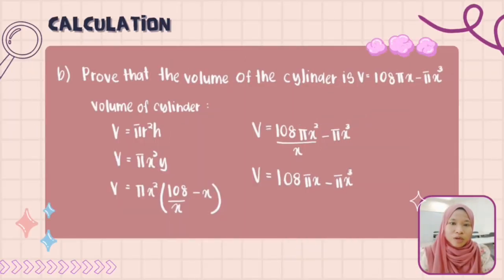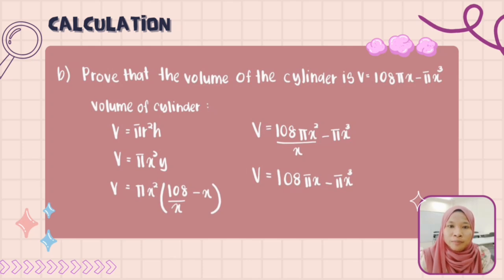For question B, we need to prove that the volume of the cylinder is 108 pi x minus pi x cubed. Firstly, we need to know the volume of a cylinder. The volume of a cylinder is V equal pi r squared h. Then we substitute the values of r and h. So V equal pi x squared y. Next, V equal pi x squared times 108 over x minus x.